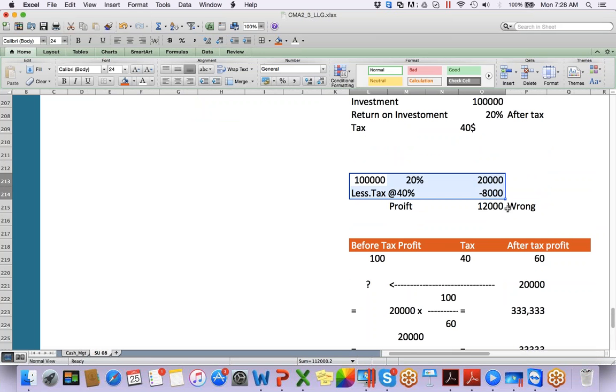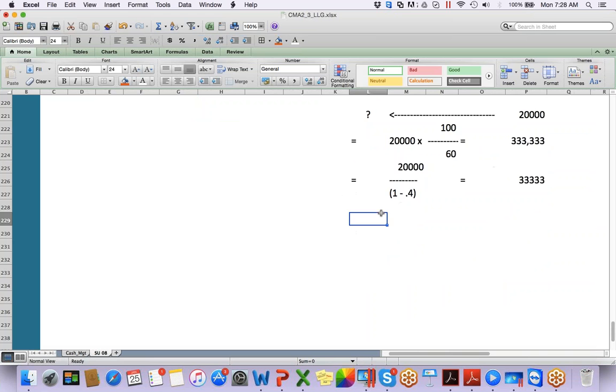Now let us see what is the profit here before tax profit. Before tax profit is 33,333. Less tax at the rate of 40%.